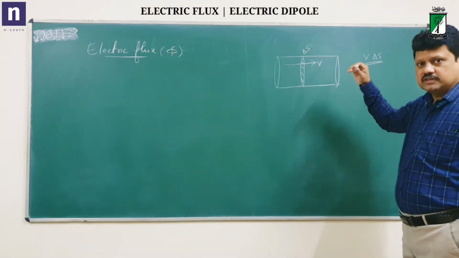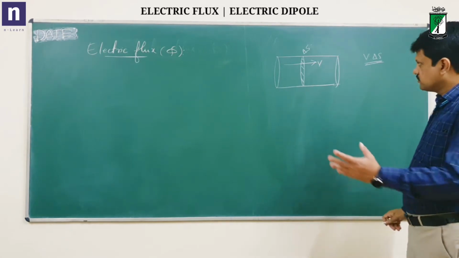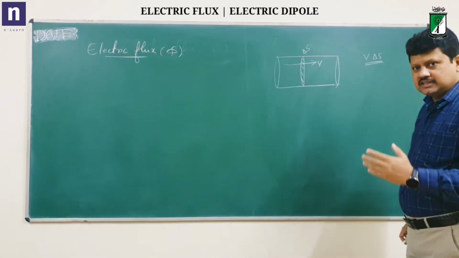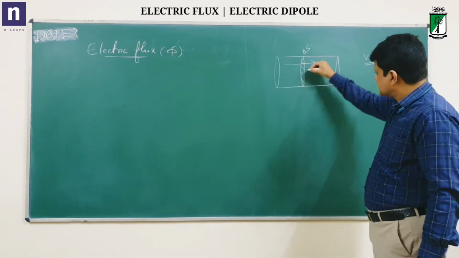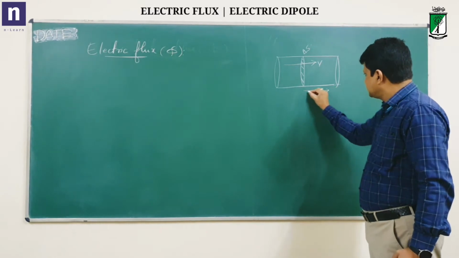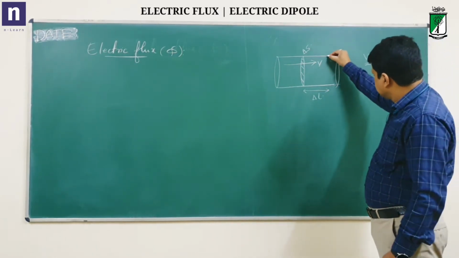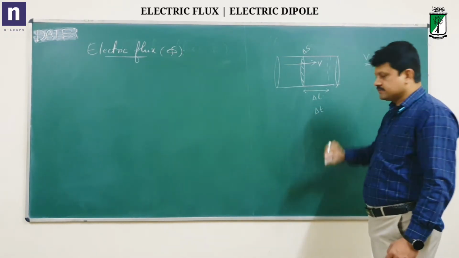Rate of flow of liquid through this cross-sectional area, that is amount of volume of water through this area divided by the time taken. Let us say this water flowing through this cross-sectional area covers a length of say delta L. Till here it travels in time delta T.